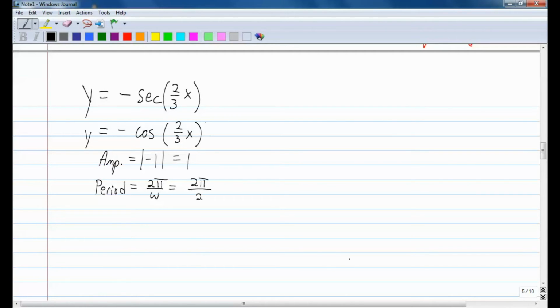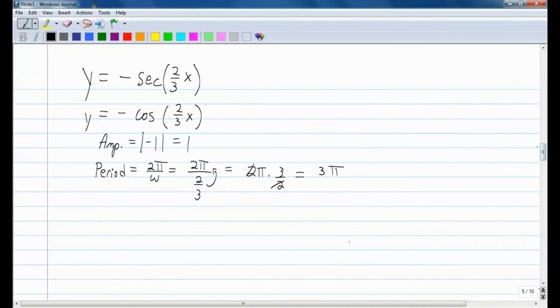So 2/3. You flip the fraction, and we'll have 2 pi times 3/2. So our period is 3 pi. We're going to draw one complete period and label the graph correctly, between 0 and 3 pi.